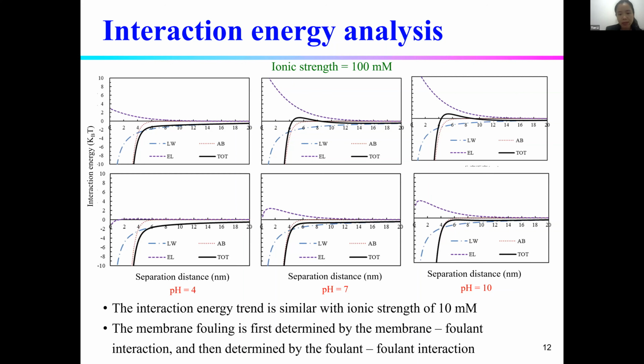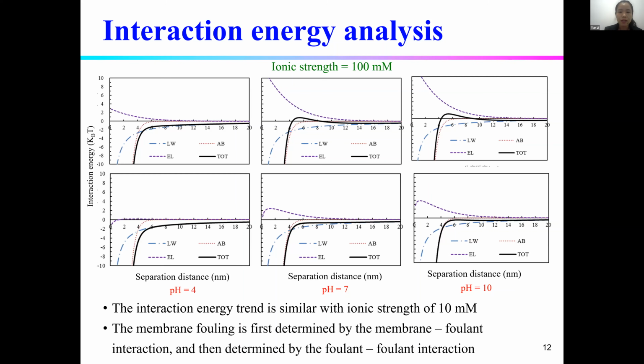The membrane fouling with the higher ionic strength is higher. And with all this interaction energy calculation, we find that the membrane fouling is first determined by the membrane-foulant interaction, then determined by the foulant-foulant interaction.